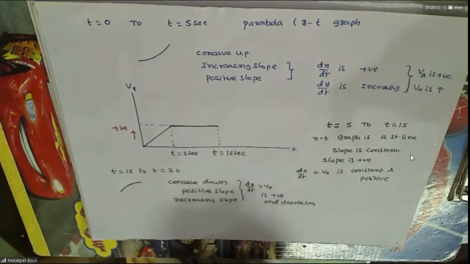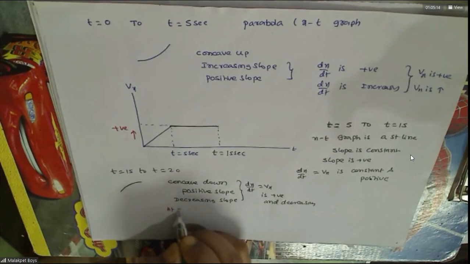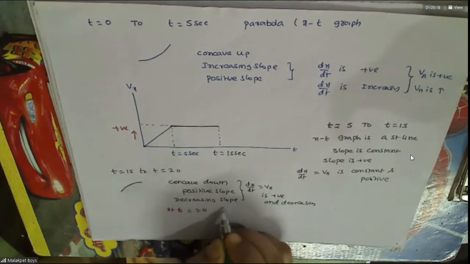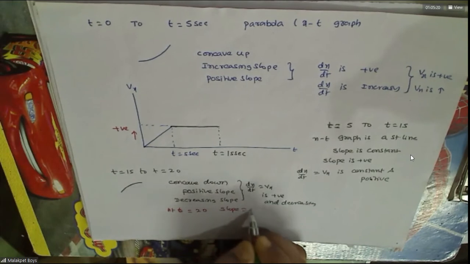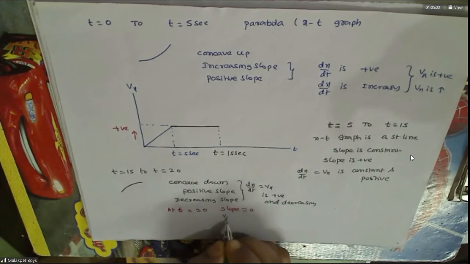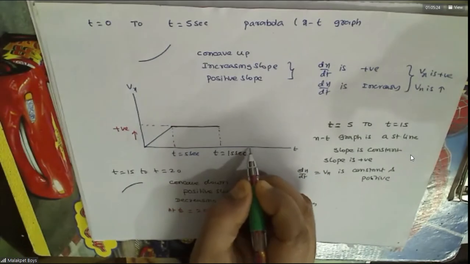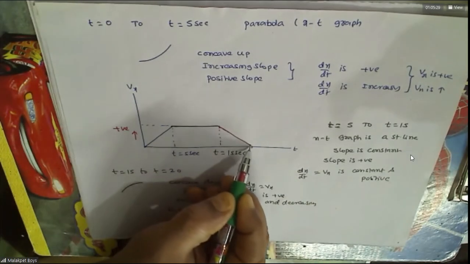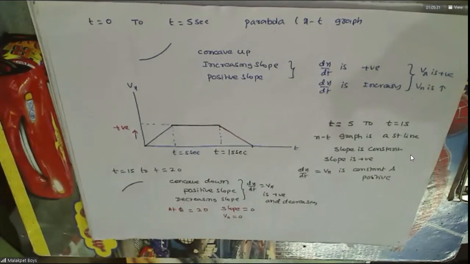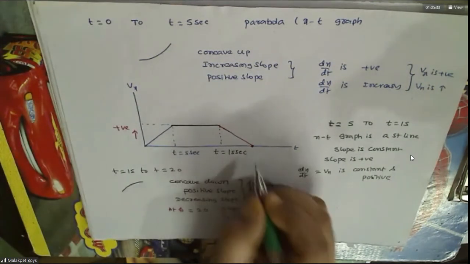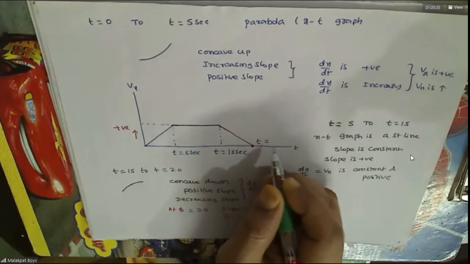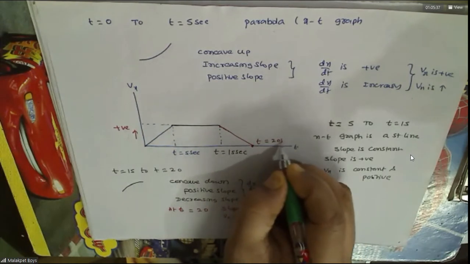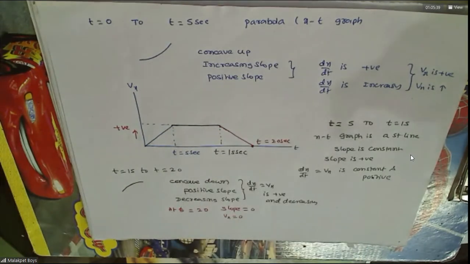At t equals 20 seconds, the slope is 0. That means Vx is 0. Clear or not?